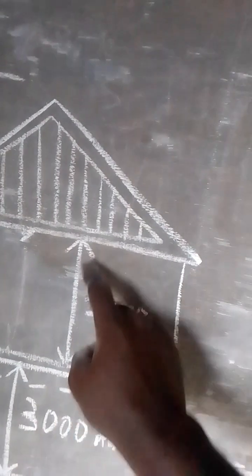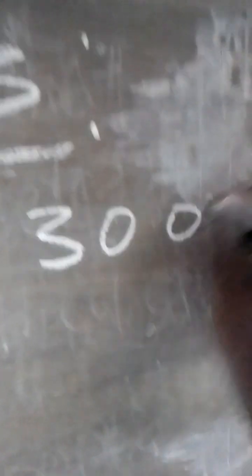For this purpose, the first length of travel is 3 meter, which is 3,000 millimeter from here to here. Look at it. 3,000 millimeter. Remember, we are calculating for the first floor pillar.